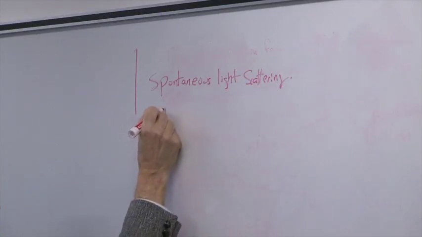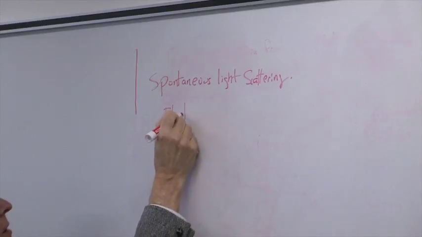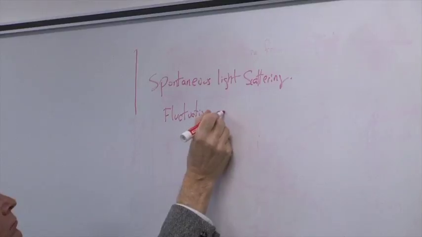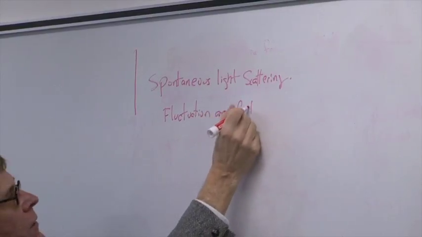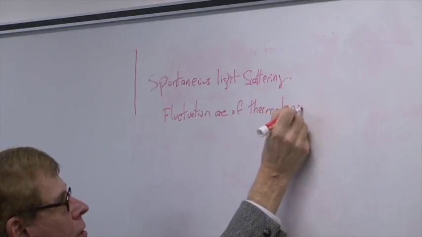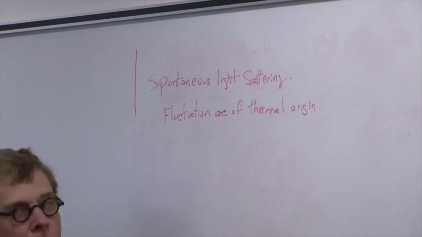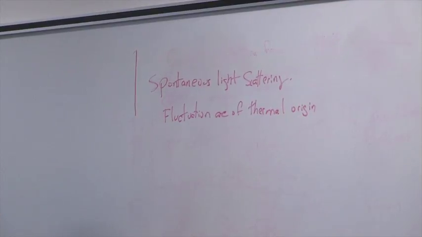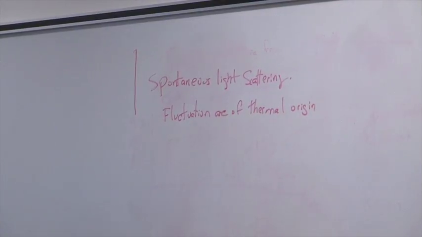What we mean is that the fluctuations are of thermal origin. So it's most obviously for the Brillouin scattering, that these sound waves are generated by the thermal excitation of the medium.